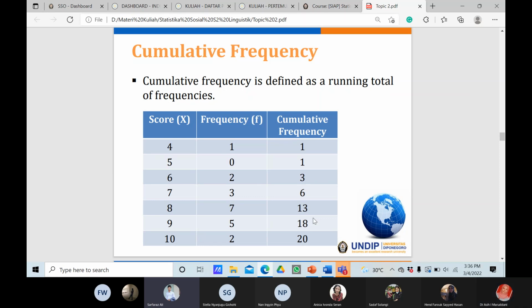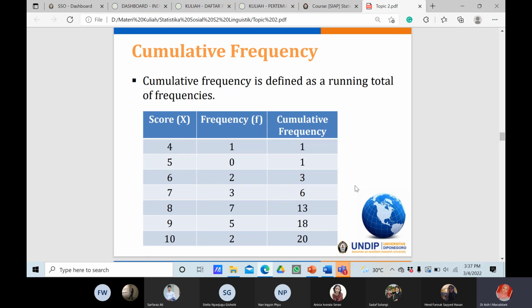If we can see in row 3 that we add the cumulative frequency from the frequency, there is 2 and it becomes 3. So the case is different when we look at the 9, where the frequency is 5 and the cumulative frequency becomes 18. How?